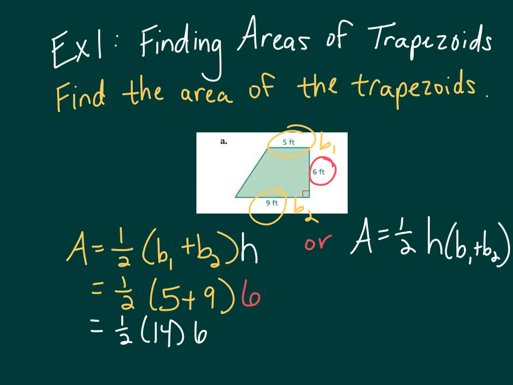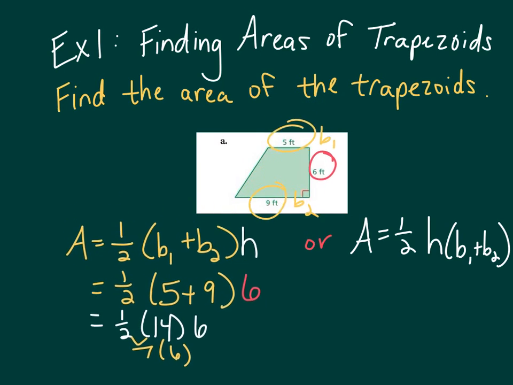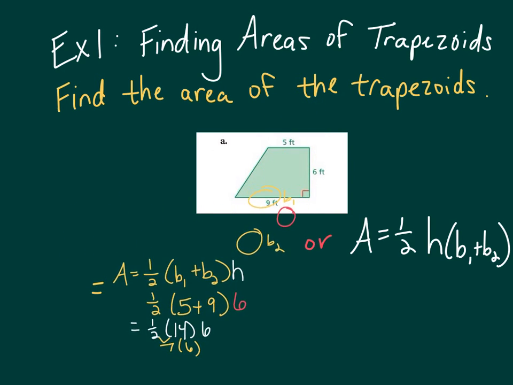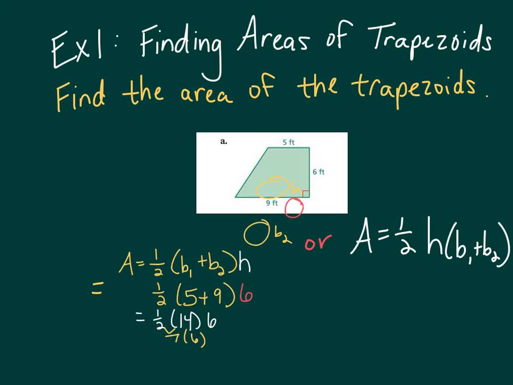And just like we did with triangles, you can do a couple of things. You can take half of the base, half of the height, or you can multiply those two together and take half of the whole product, whatever makes it easier. I'm going to go ahead and just take half of the base right now, so that's 7 times 6, and then I ran out of room, so I'm going to move that up just a little bit, and we took half of that already, so we'll just do 7 times 6, which is 42.